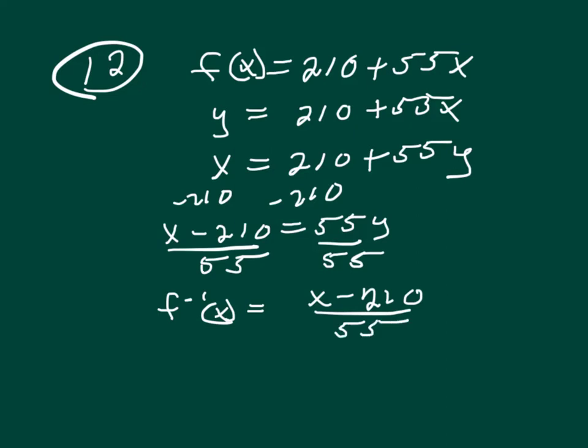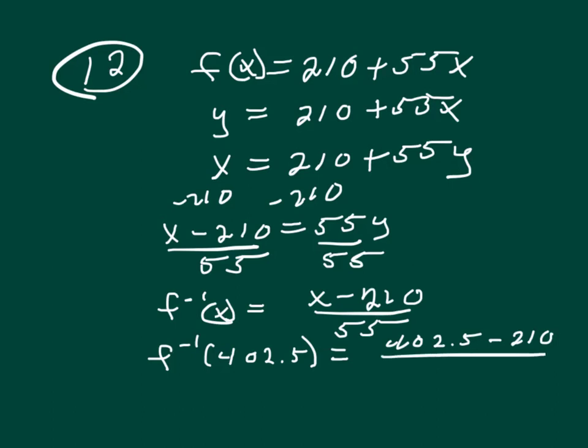Now, here's what I'm going to do. We want to plug in 402.50 and determine how many hours the person worked on the computer. So we're going to say f inverse of 402.5 is equal to 402.5 minus 210 all over 55.